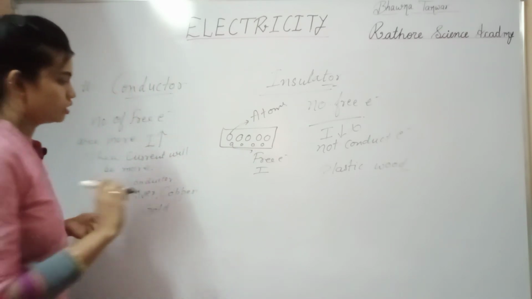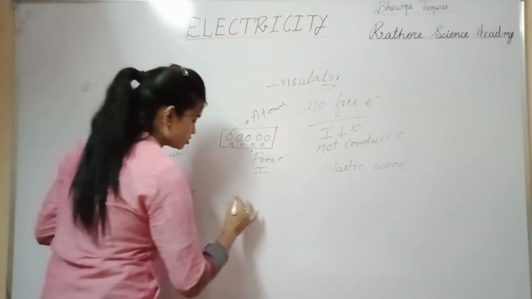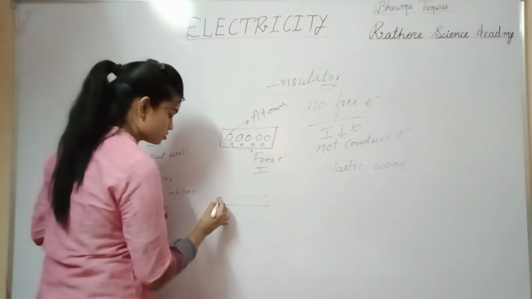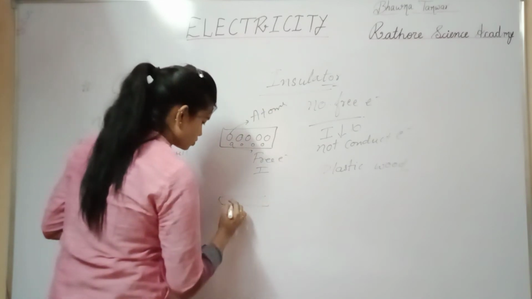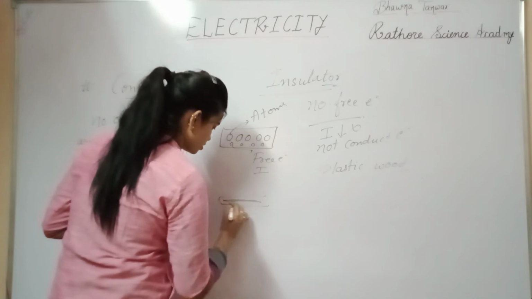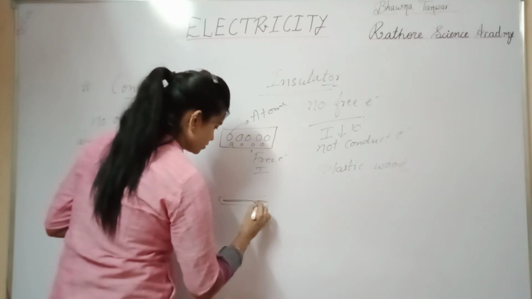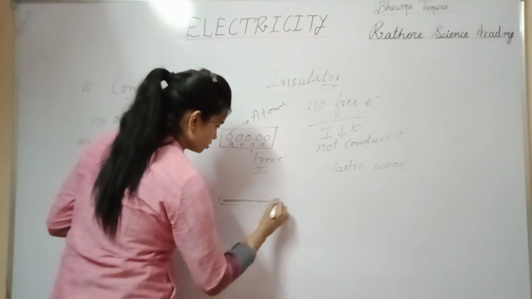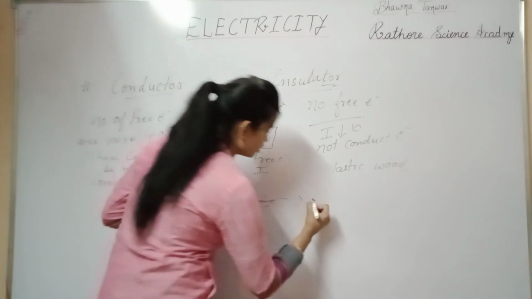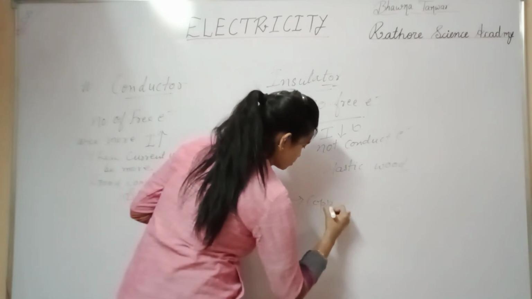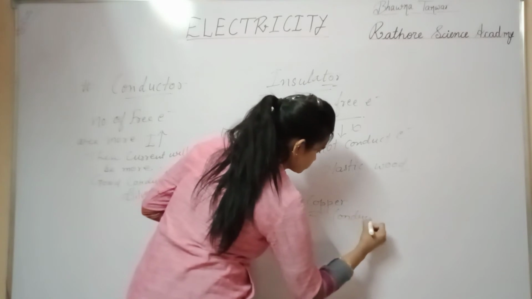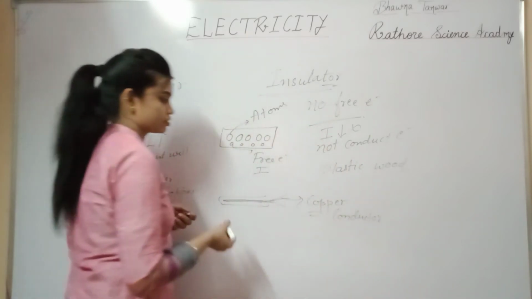Now with the help of this diagram you can understand better. Suppose this is a copper wire. We have seen copper wire at our houses, right? Inside the wire present in our houses, this brown color copper wire is known as the conductor, which conducts the electricity.